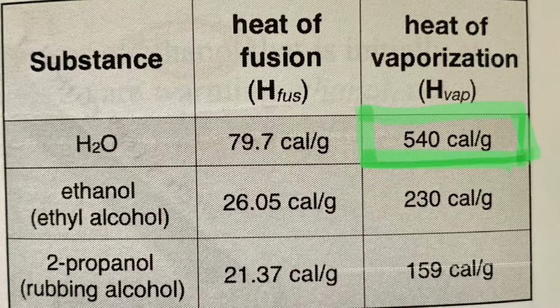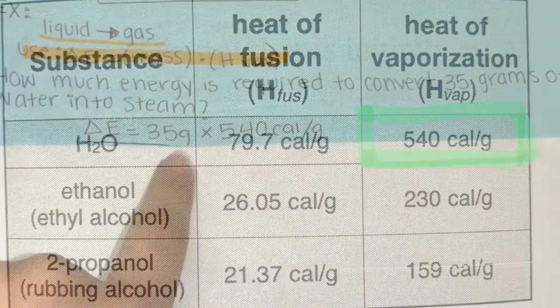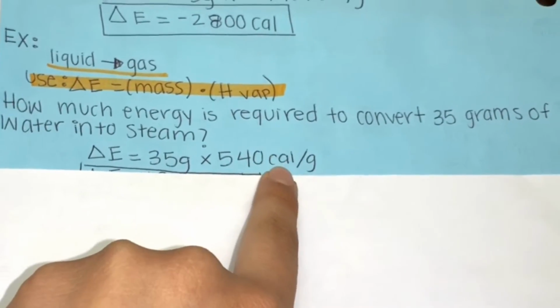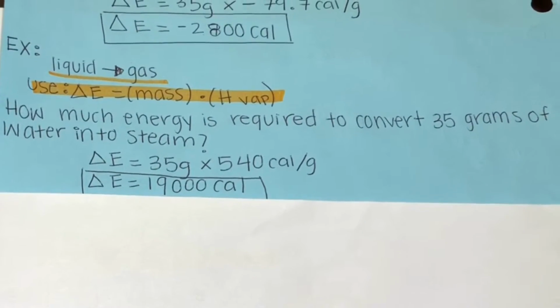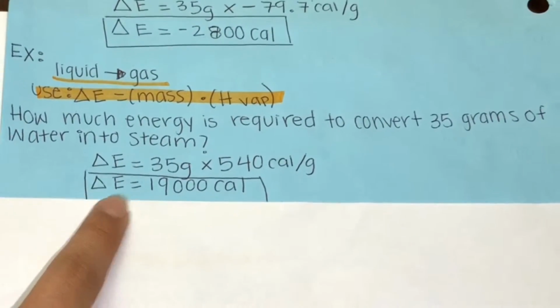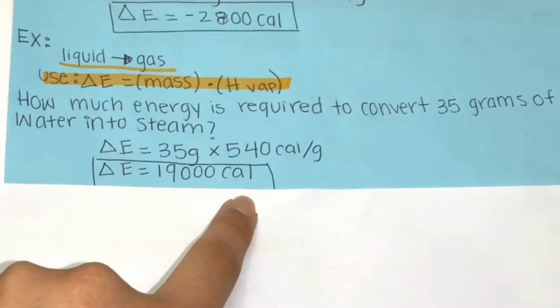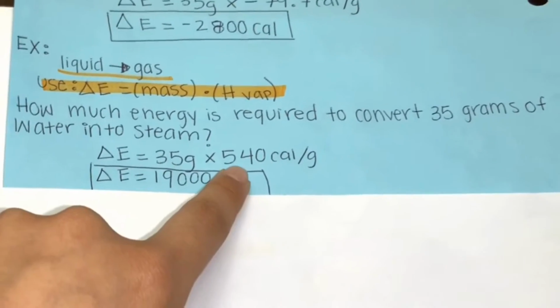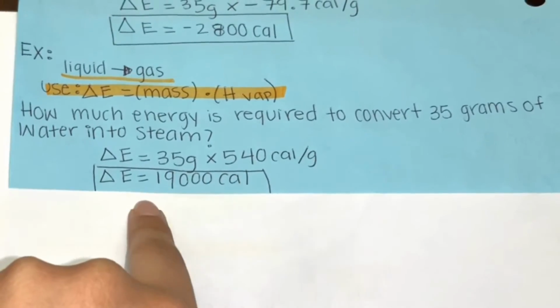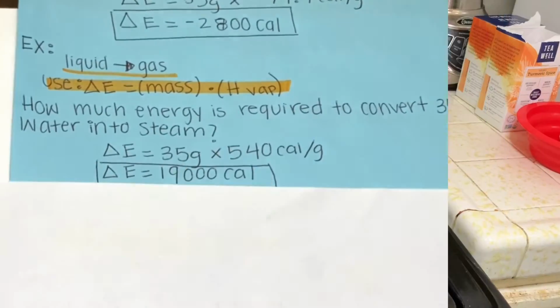Looking at our table of heat of fusion and heat of vaporization, we look at the substance water and the heat of vaporization, and we see that it's 540 calories per gram. Grams cancel, we're left with calories, and your answer is change in energy equals 19,000 calories. Two significant figures, three significant figures, so you're left with two significant figures here.